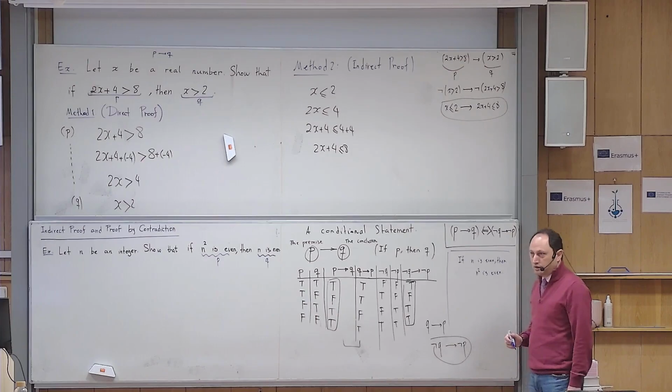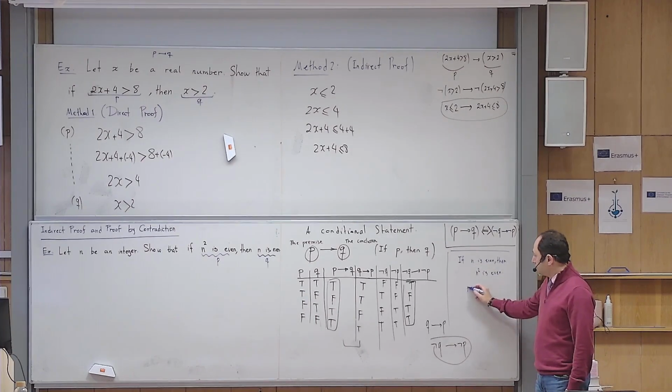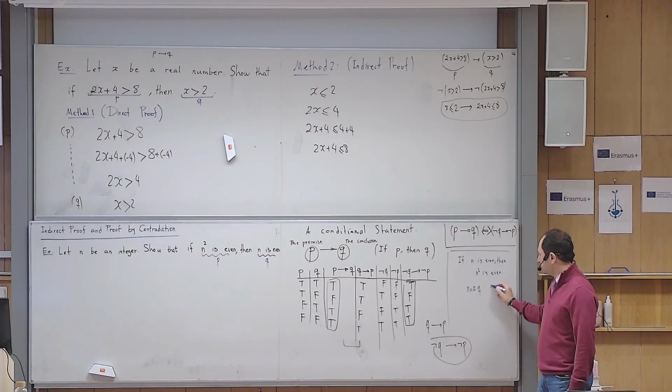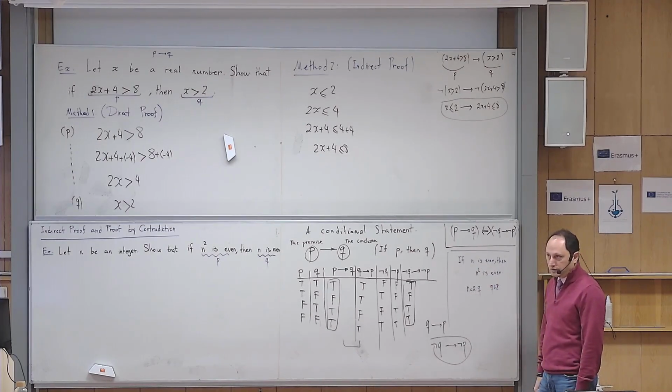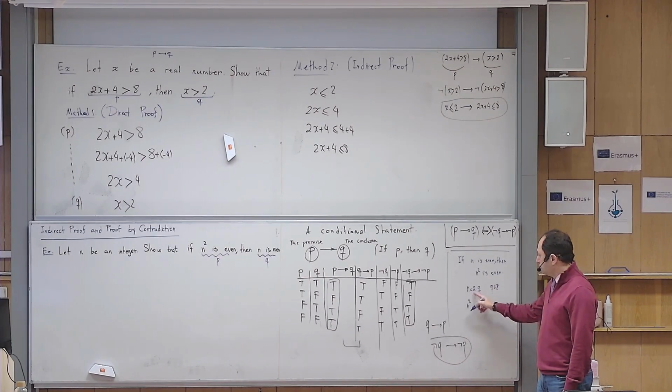Why is that? Because when you grant me that n is even, I am allowed to consider n as 2 times q. Okay? q is an integer. Do you agree? When you tell me n is even, then I am allowed to write this. But now, what happens for n squared? n squared becomes 4q squared. Yes?